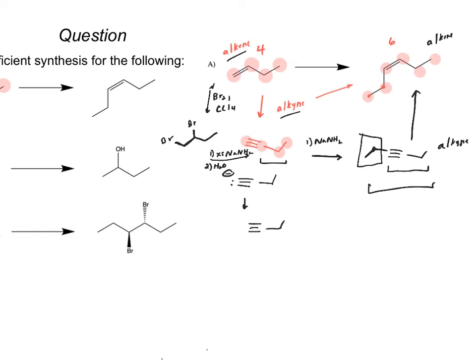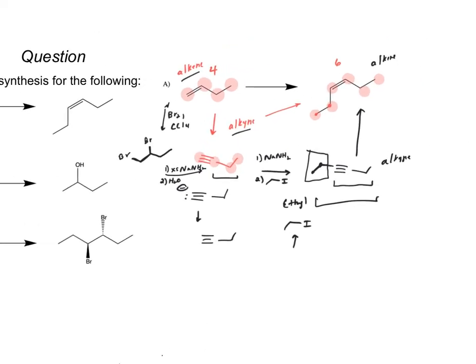So we need to add on 2 carbons. We need to add on an ethyl group, right? So we're going to have that deprotonated alkyne act as a nucleophile on our ethyl iodide. So this is going to be this guy with ethyl iodide.